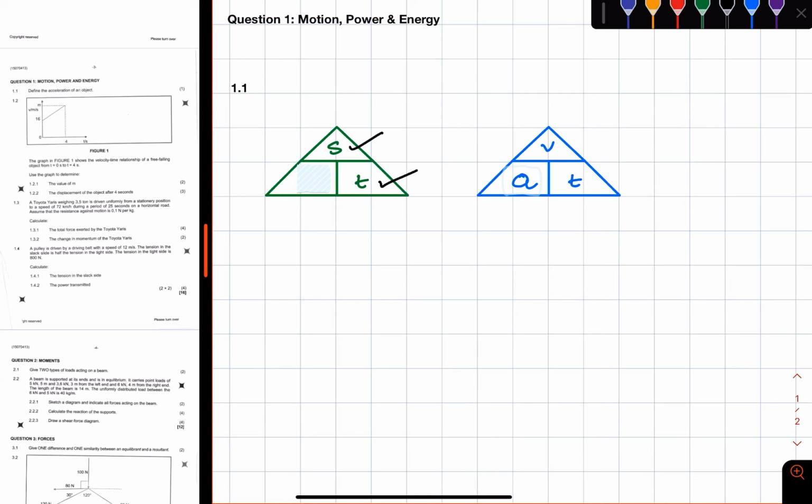So similarly, you would use that very formula to define acceleration. Acceleration is equal to the rate of change of what? Of velocity.